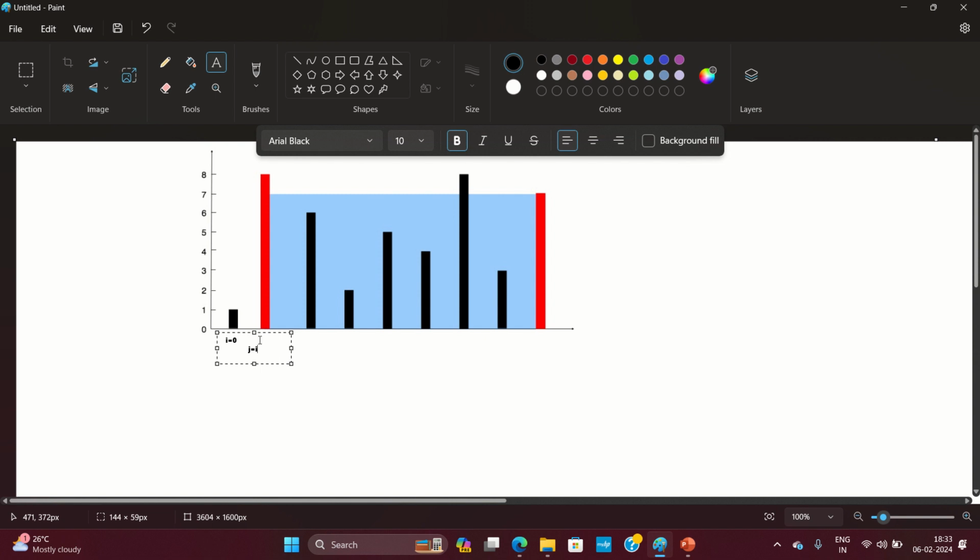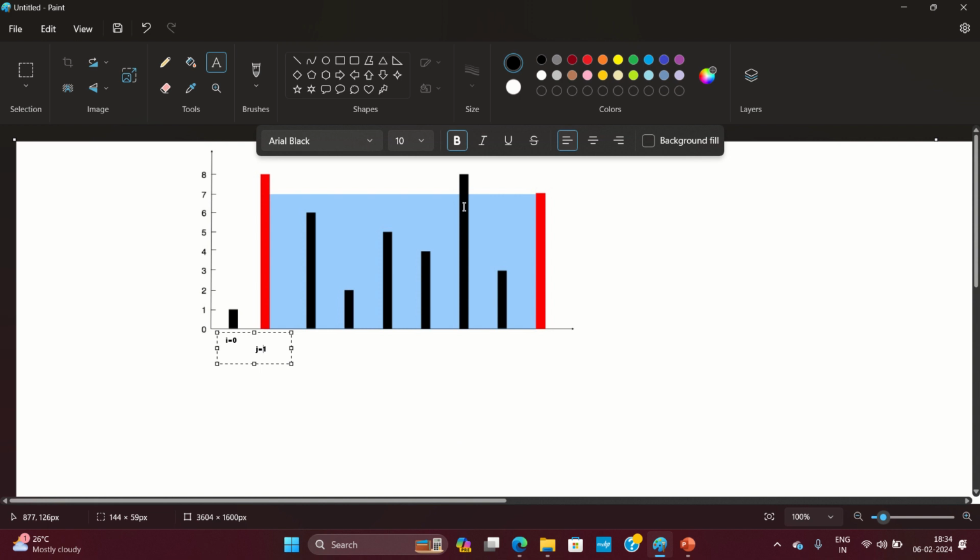Why ith index plus 1? Because if we start j from the same index as I, then j minus I, the base, becomes 0, and 0 into something is always 0, so the area becomes 0. Of course that is the least area, and that cannot be the answer.